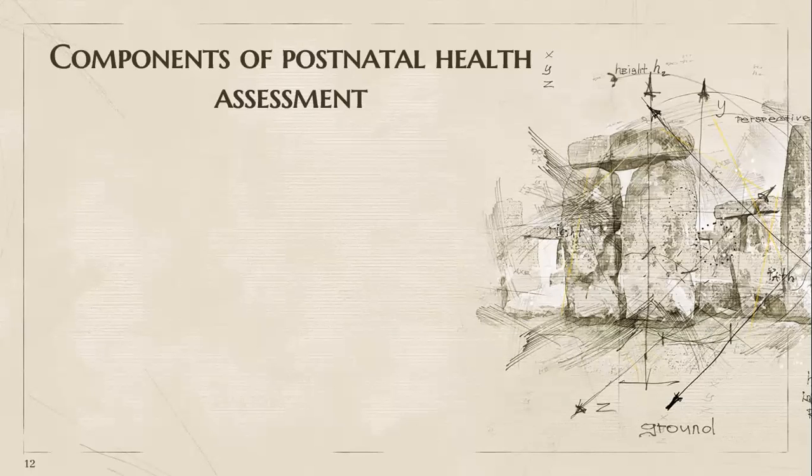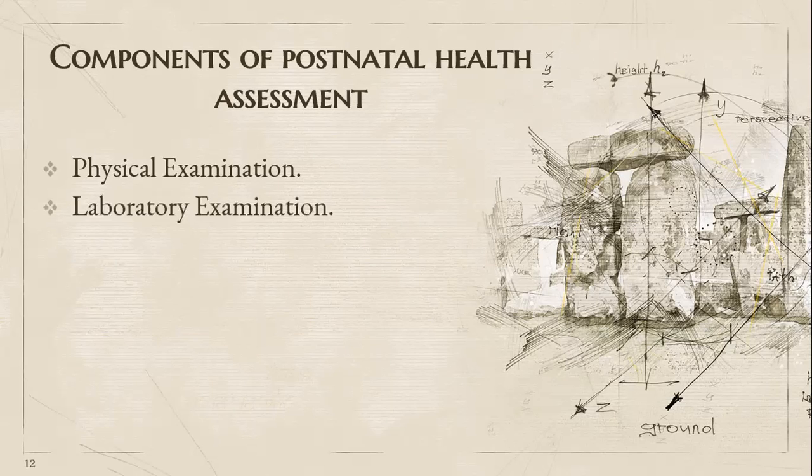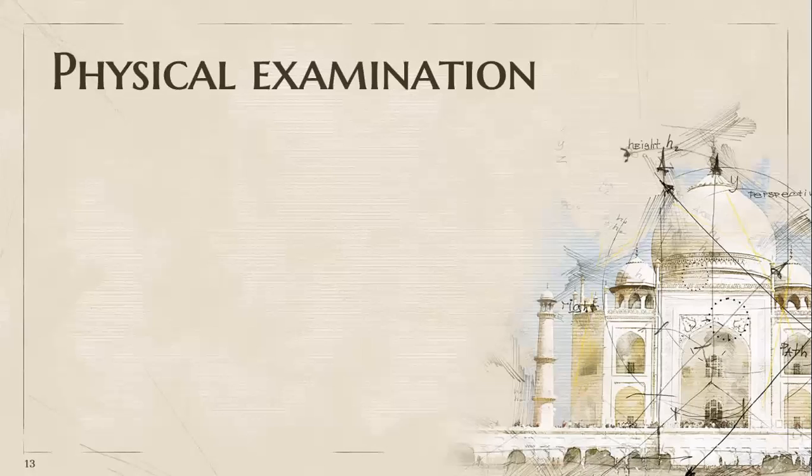Components of postnatal health assessment. First one is physical examination, laboratory examination, finding out psychological responses. Firstly, we'll see physical examination. The objectives of postnatal physical examination are collecting data regarding postnatal uterus involution, assessing the needs of the lactating mother, and providing health education to the mother and the family members.